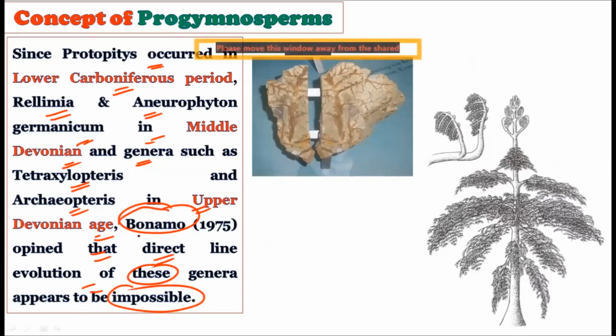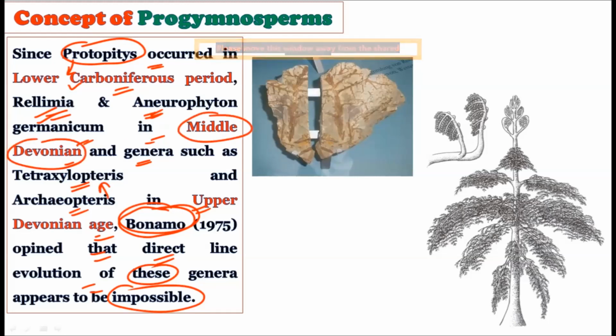According to the view of Bonamo, on the one hand, the Protopitys originated in the lower Carboniferous period, right? Then Rellimia and Aneurophyton originated in the middle Devonian. Then genera like Tetraxylopteris and Archaeopteris originated in the upper Devonian age.